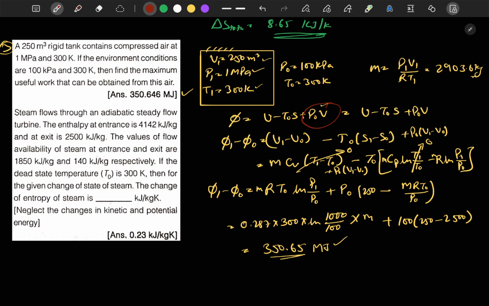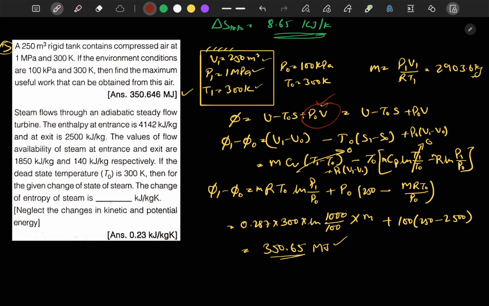So although the system didn't reach thermodynamic equilibrium with the surrounding, we have to consider that the system has reached the state P node and T node at a certain volume V node.